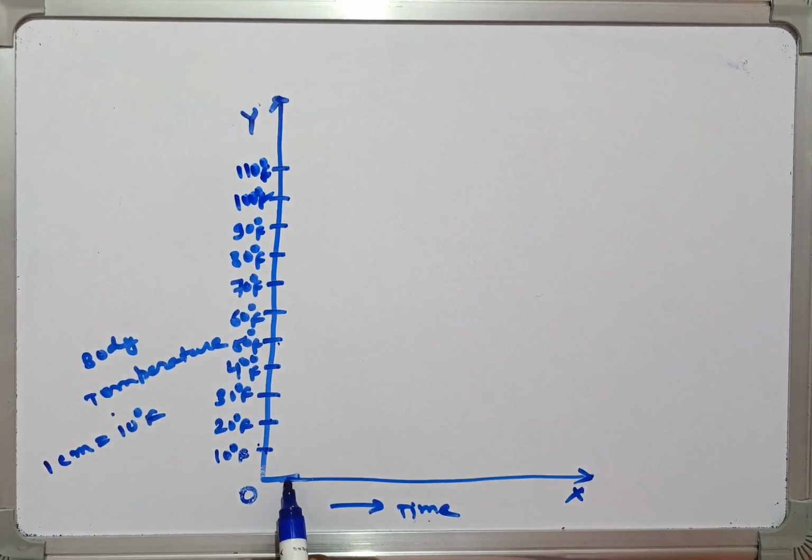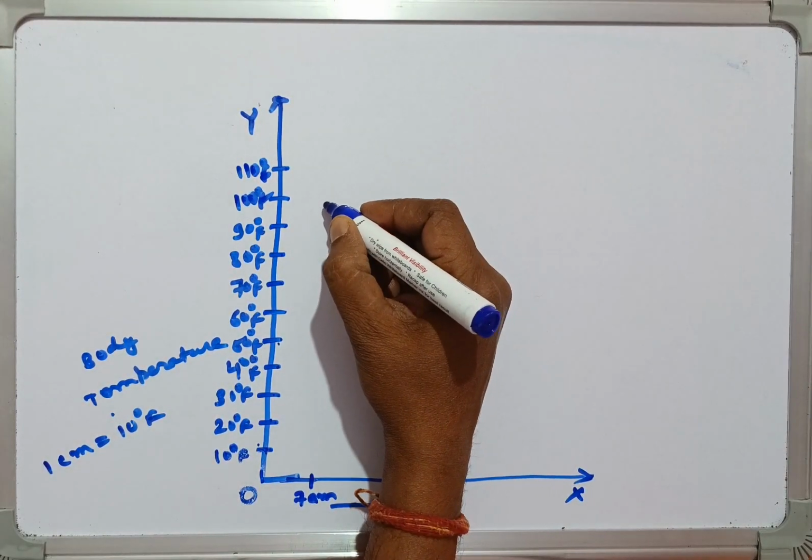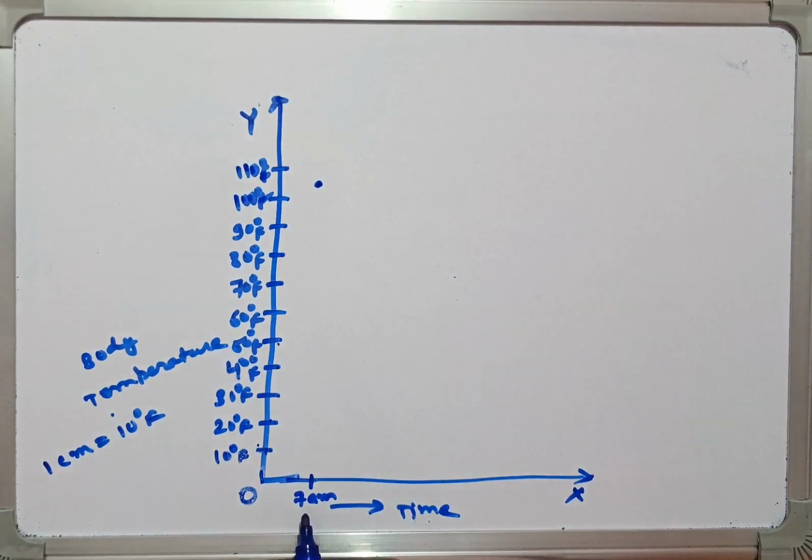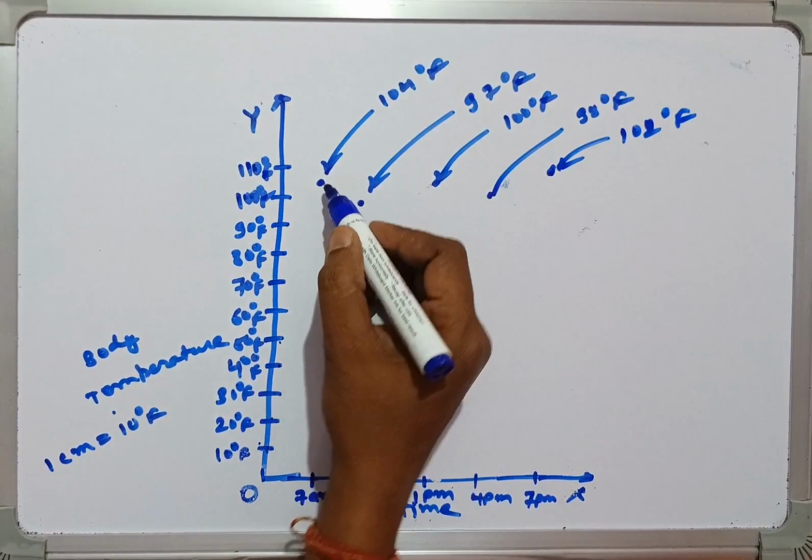Now suppose using a thermometer, his temperature measured at 7 am was 104 degree Fahrenheit. When time lapses, again his temperature is measured here at 10 am, after 3 hours.